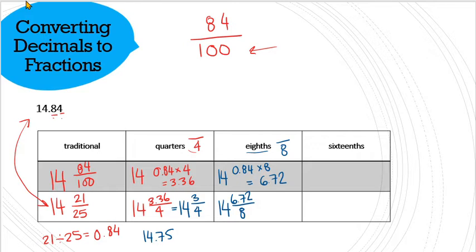Once again, we don't like to mix a decimal on top of a fraction, so we round the numerator to the closest whole number, and we're going to express that as 14 and 7/8, which, if I go the other way, divide 7 by 8, is going to be 14.875. Not quite 14.84, but closer.